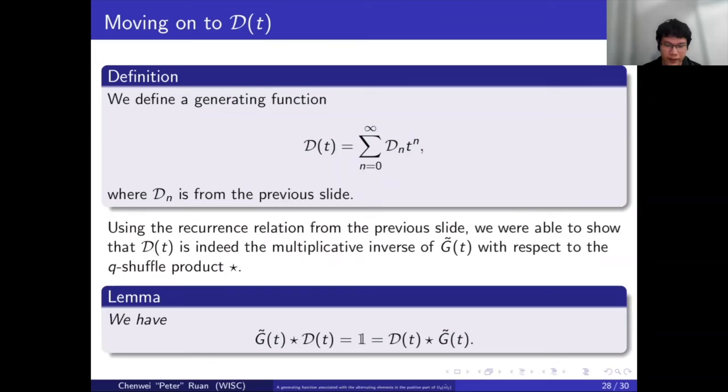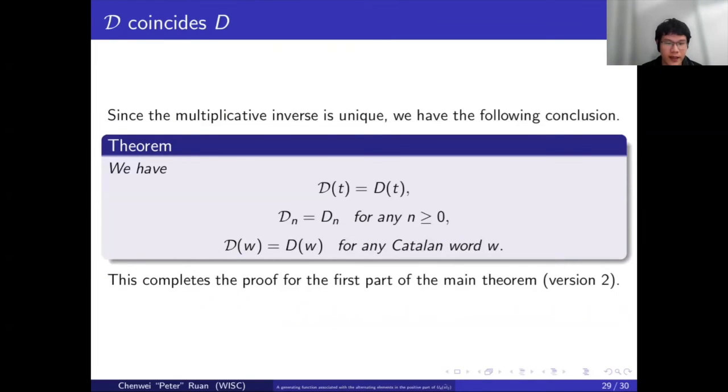So in other words, we have this lemma. Since the multiplicative inverse is always unique, we can conclude that QD of t is D of t. And since we define QD of t and D of t in the same way, we can conclude that their coefficients are the same.